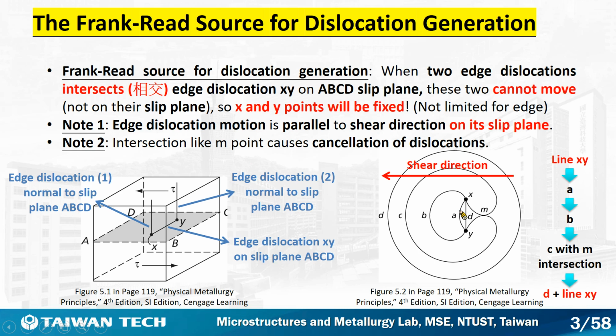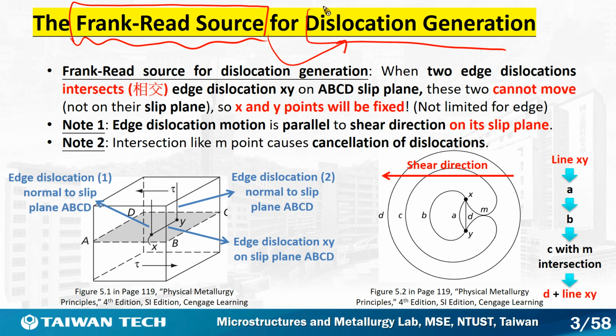And then let's talk about a very important mechanism. This is what we call Frank-Read source, Frank-Read source for dislocation generation. So when you see this term, it is about dislocation generation. It is a mechanism.